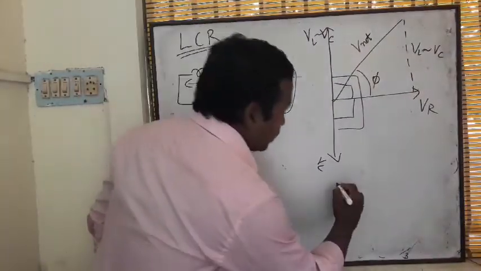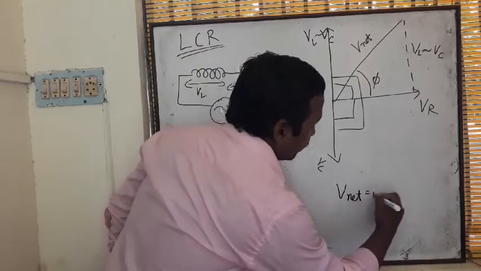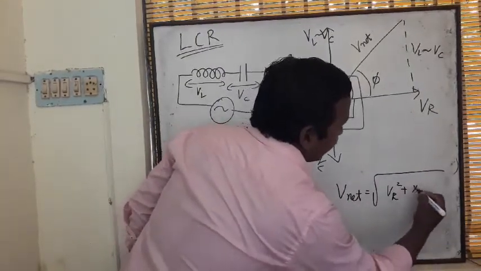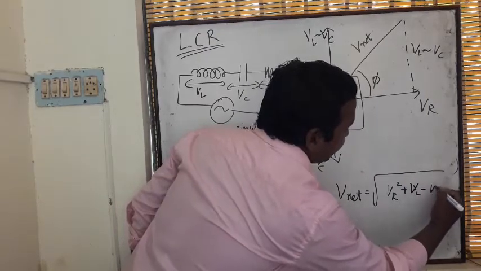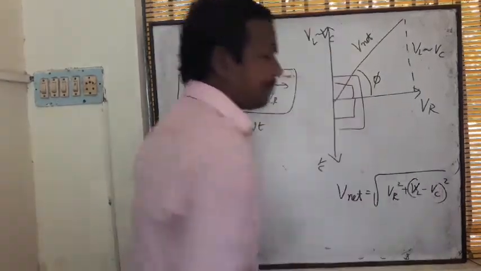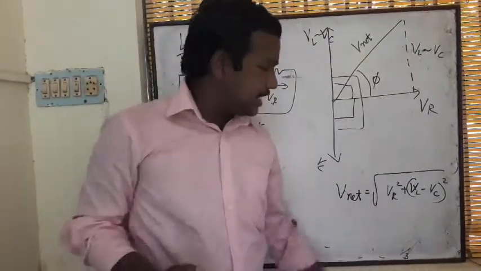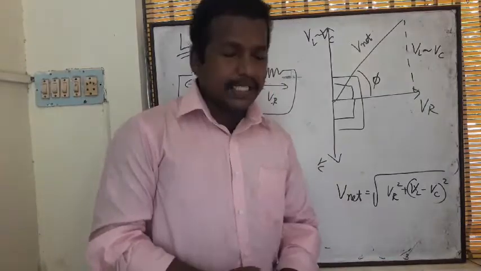So I am going to use the Pythagoras theorem. V net is equal to root of VR square plus VL minus VC whole square. As we know, VR is the voltage in the resistance, VL the voltage in the inductance, and VC the voltage in the capacitance.